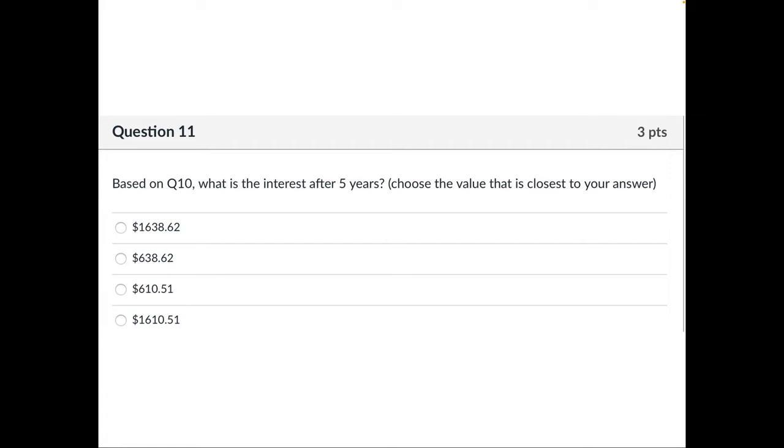Or another option is you can use the formula of compounding interest.